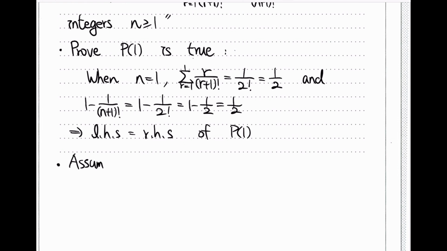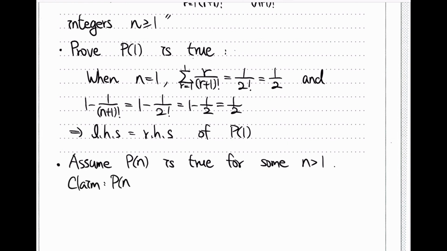So our next goal is to first assume P of n is true for some n greater than 1, and we want to show that P of n plus 1 is also true.